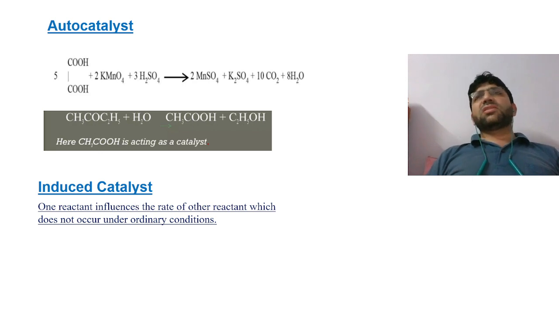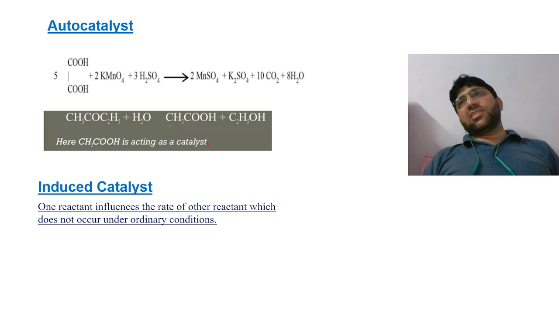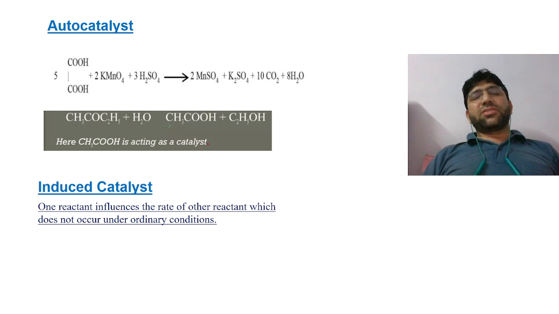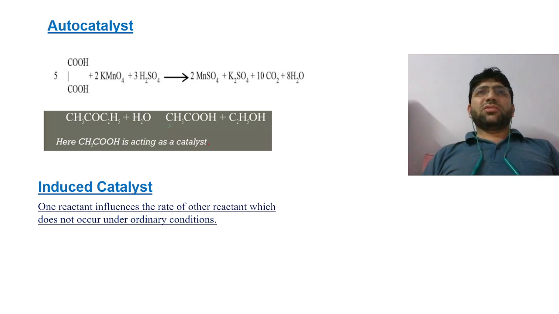Another term used is induced catalysis. Induced catalyst means when one of the reactants itself acts as a catalyst and affects the rate of the reaction. For example, the oxidation of arsenic sulfate does not take place, but when air is passed through a mixture of arsenic sulfate and sodium sulfate, both of them undergo simultaneous oxidation.